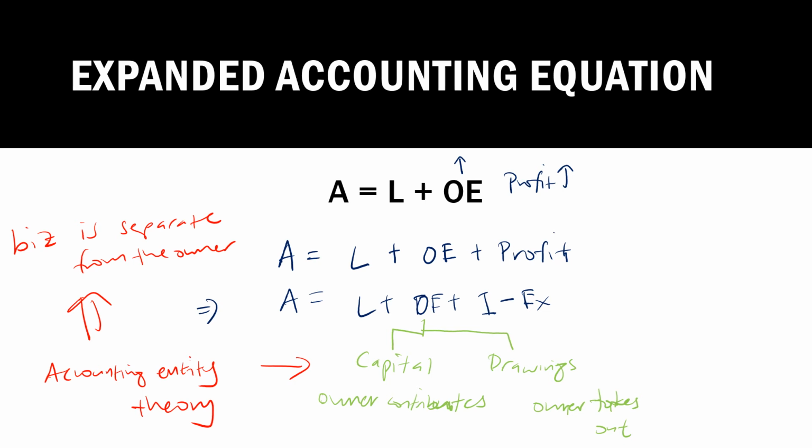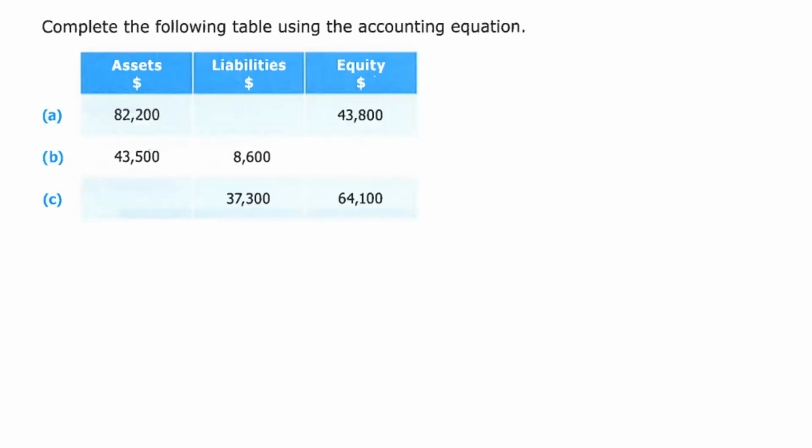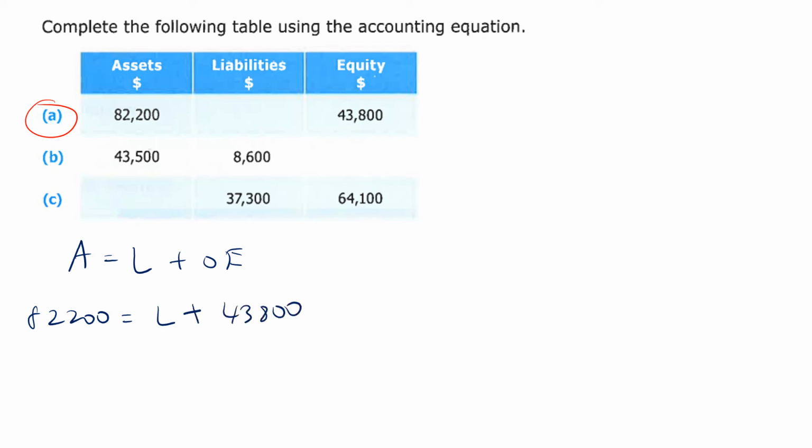So using these two equations, we can solve some questions. Let's look at question A then. We have just three elements, and if you recall, we can use the acronym ALO. If you substitute the alphabets with the unknown and numbers, we have this.